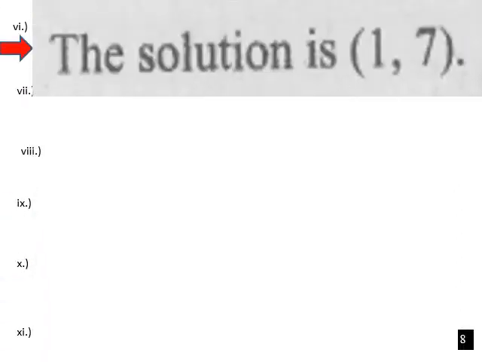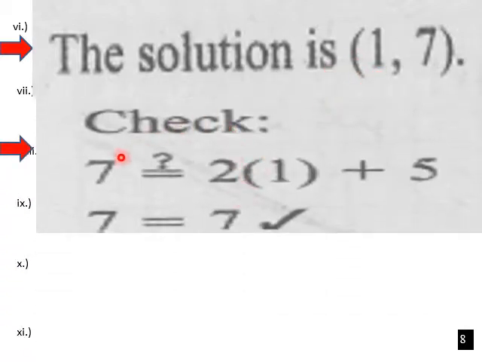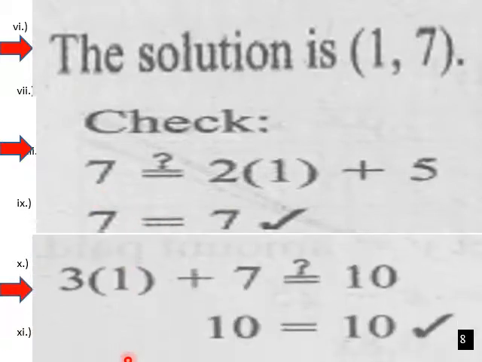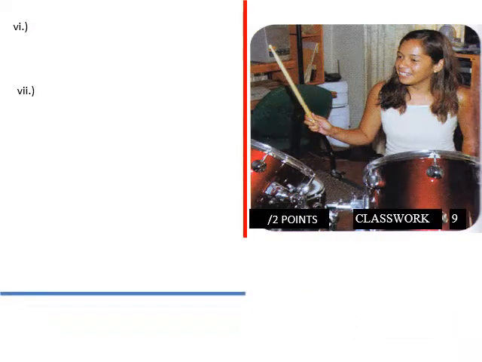Then our x is 1. And then we put that into the second solution. 1, 7. Check. So does 7 equal 2 times 1 plus 5? It does. 7 equals 7, so it does check. 3 times 1, in the second equation, 3 plus 7 equals 10, so that checks as well. So that is the solution.